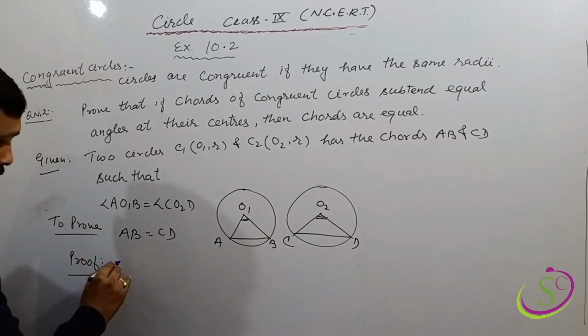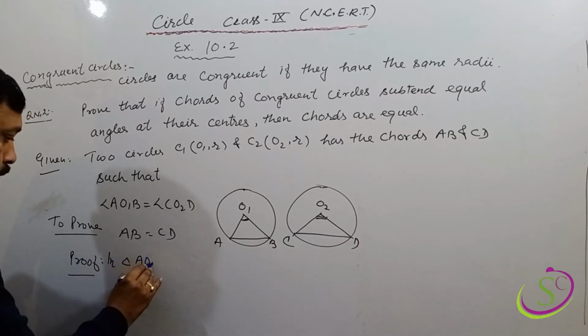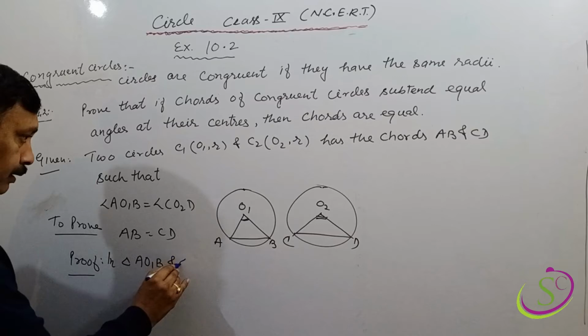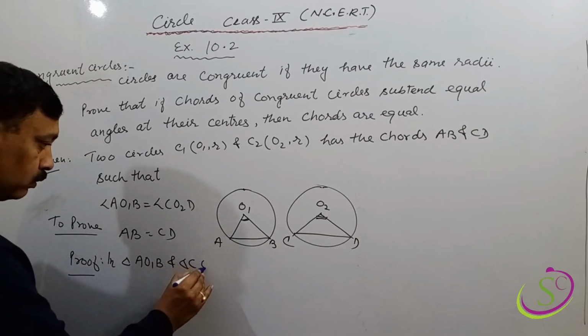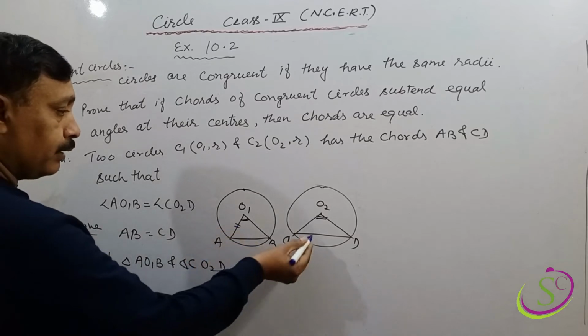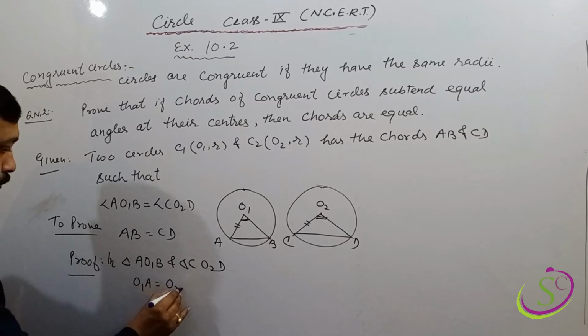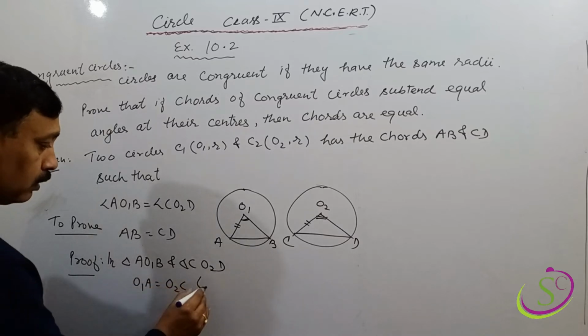Prove. Here also there are two triangles, one is triangle AO1B and triangle CO2D. O1A equal to O2C. O1A equal to O2C. Why?